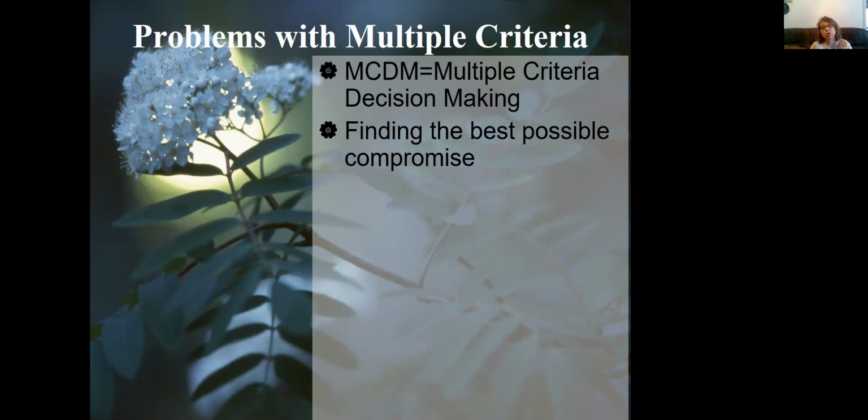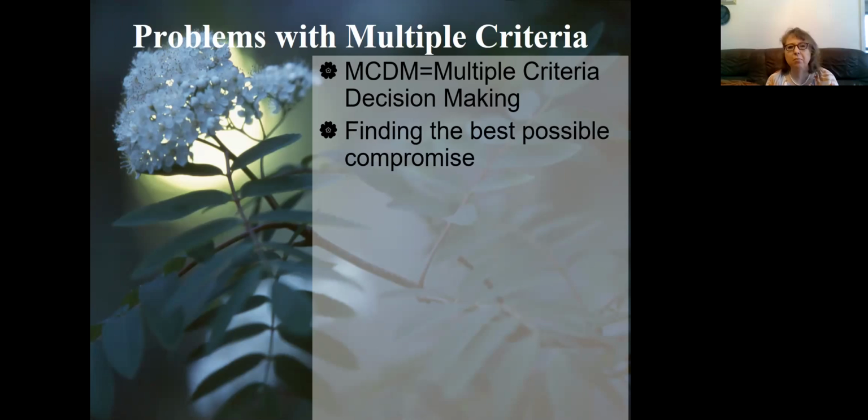MCDM problems also can be of discrete nature, for example, finding the best place for some building or finding the best place for a dumping site or whatever. But multi-objective optimization problems have functions of variables, as I just mentioned earlier.